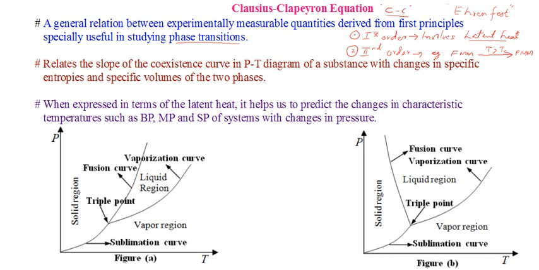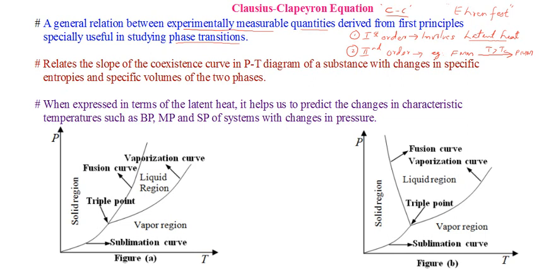In general, the Clausius Clapeyron equation is a general relationship between experimentally measurable, experimentally accessible quantities, derived from first principles. Derived from first principles means derived from the theoretical concepts of the first and second laws of thermodynamics.